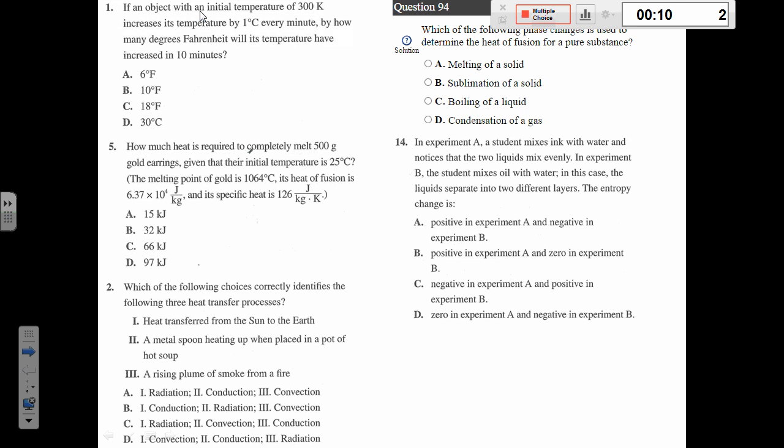How many degrees Fahrenheit will its temperature have increased in 10 minutes? So go ahead and do that one, and then we'll go to the back page, 296 through 313. So a few more seconds. Everybody have their clicker for this?